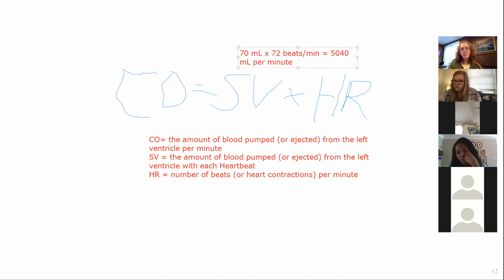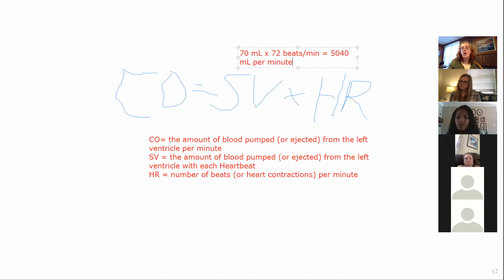Does that make sense? So the stroke volume is the amount of blood ejected from the ventricle with each contraction. And the heart rate is the number of beats per minute. And typically we have about 5 liters to 5.5 liters of blood in our bodies, right?